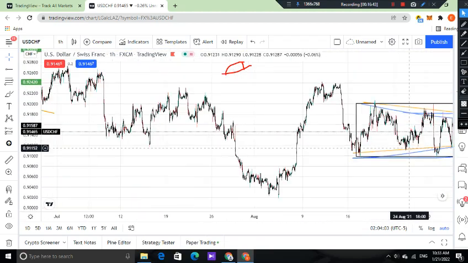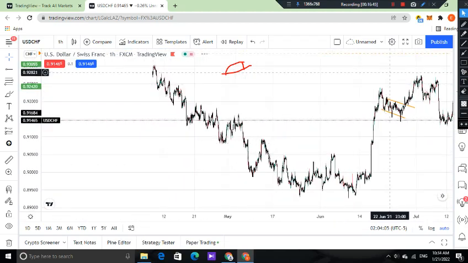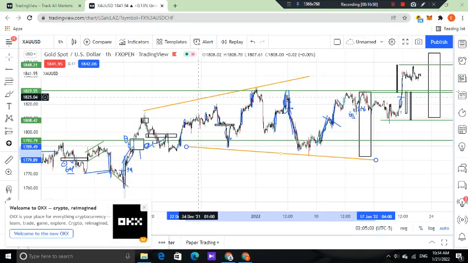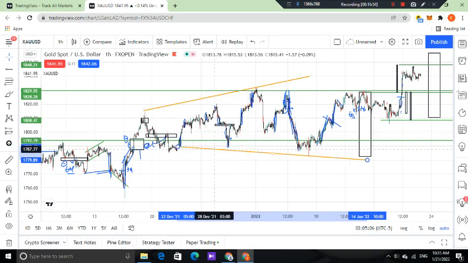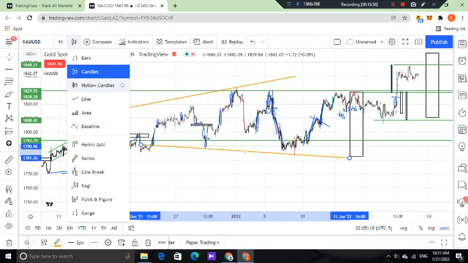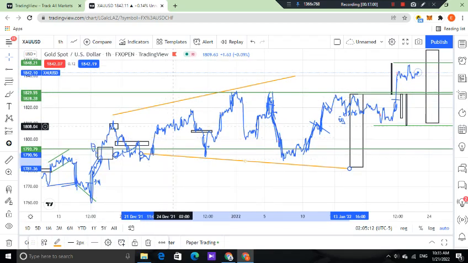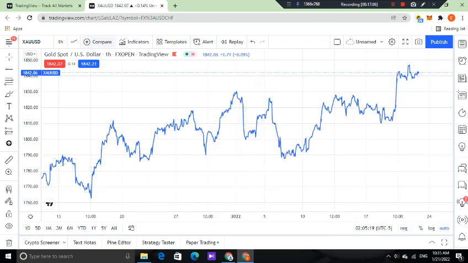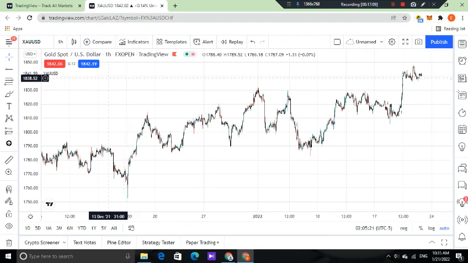I'm trying to find the expanding triangle. Okay, here is a gold chart in 1 hour time frame. If you look at this chart, you can see the legs are expanding. Let me erase all of this and make it more clear.